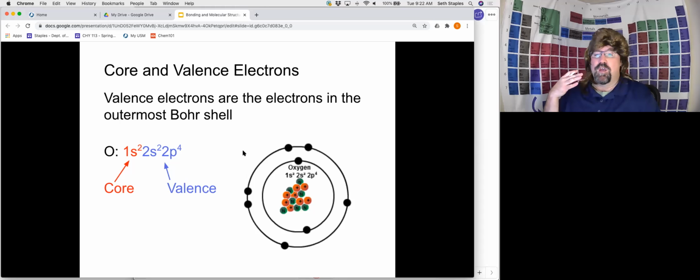It drives the properties of that atom, how that atom is going to interact with other atoms, how it's going to bond. And so hopefully there's a really easy way to see how many valence electrons there are in an atom. So ask yourselves, can I count to 8? Hopefully you all said yes. If you can count to 8, you can find the number of valence electrons.